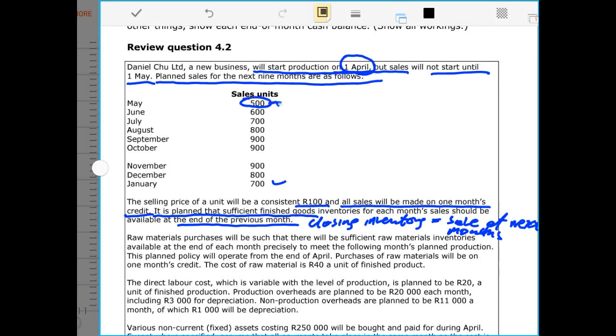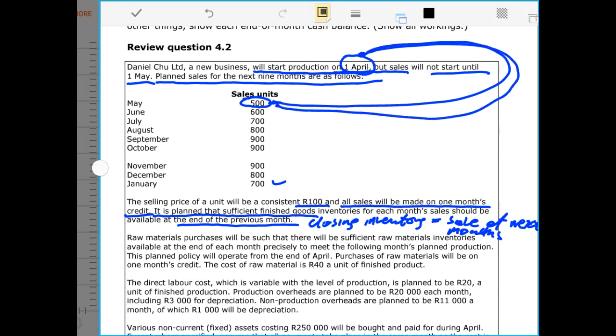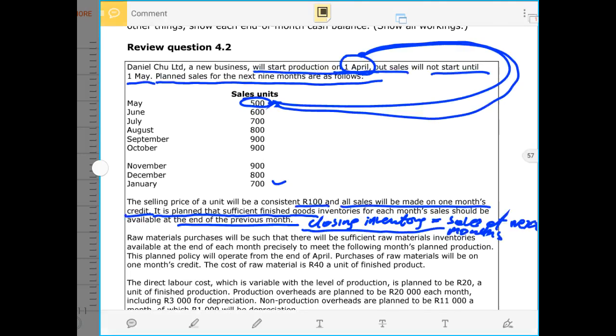These 500 units are the units that were produced in the month of April. So if these units were produced in the month of April, they became closing inventory by the end of the month of April. And that closing inventory is equal to the sales of the next month. So that's what the sentence says. Hence I'm saying closing inventory is equal to sales of the next month.